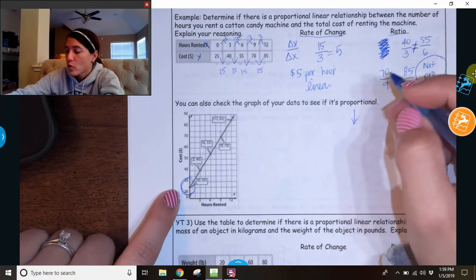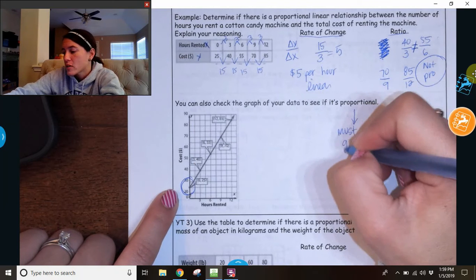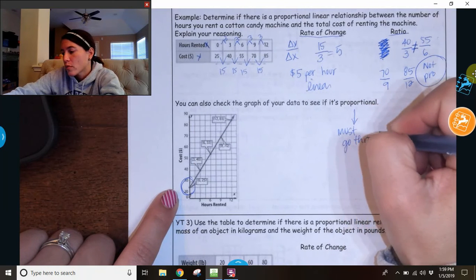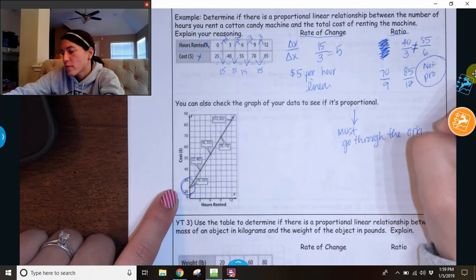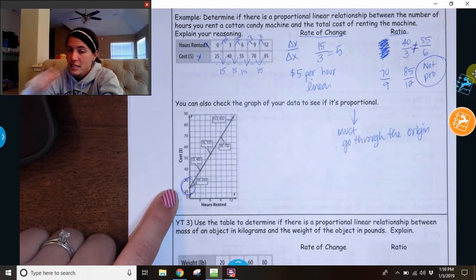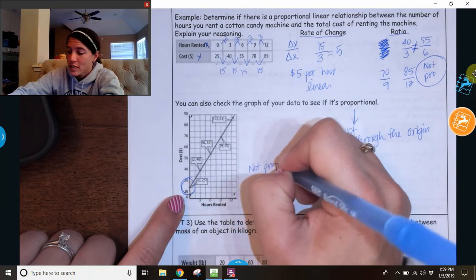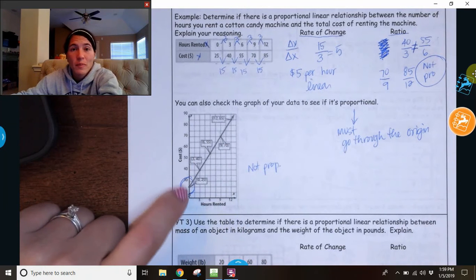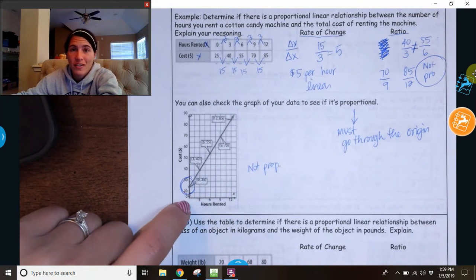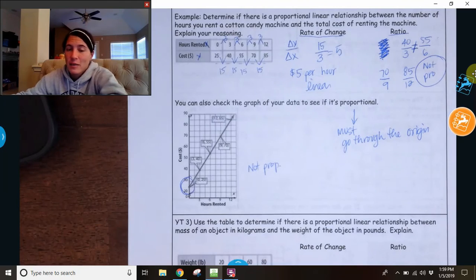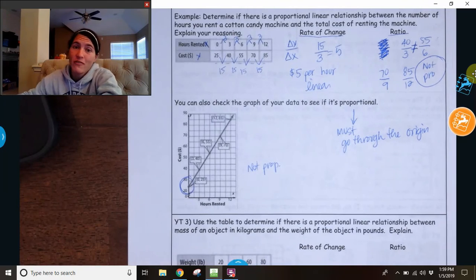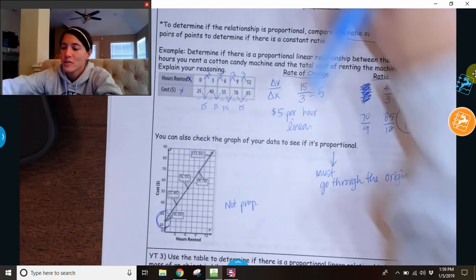In order to be proportional, it must go through the origin. Write that down. Does this graph go through the origin? It does not. So this is not proportional because it doesn't go through the origin. In order for it to be proportional, it has to go through the origin of the graph. And then it has to be linear. So you can tell by the graph as well. Or you can check the ratios.